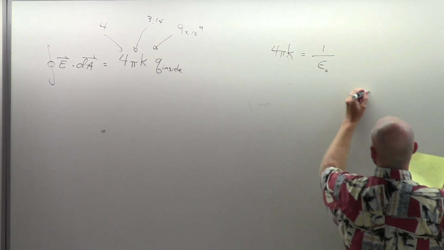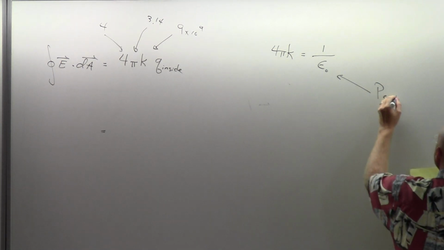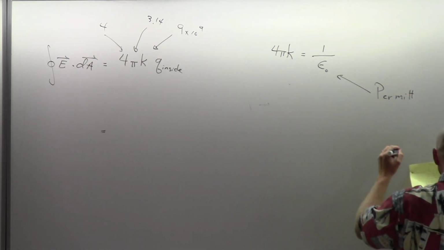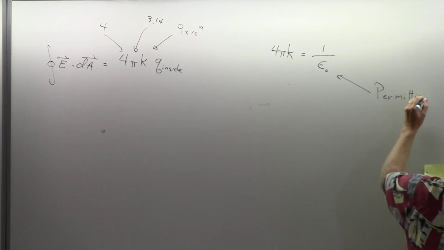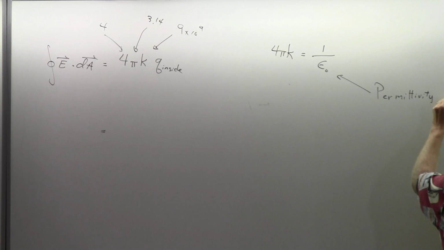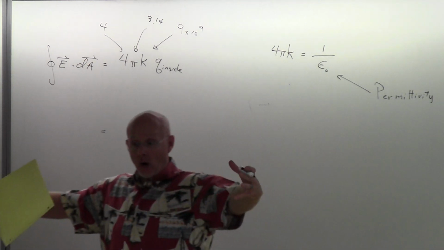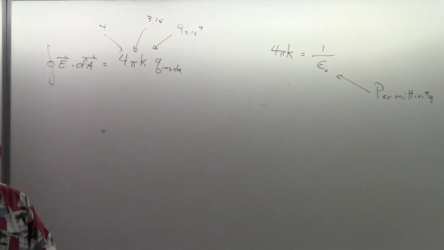This constant, as we will see, is really kind of a measurement factor of the resistance of the electric field. It's really saying how well does this electric field penetrate outward from that charge.